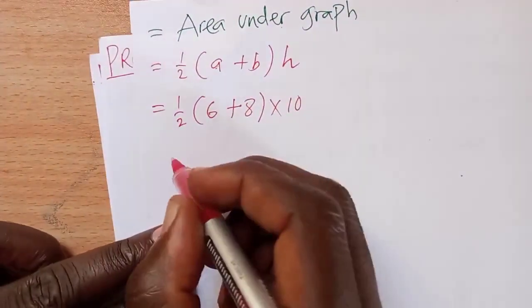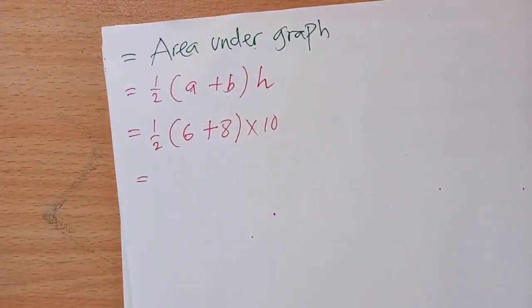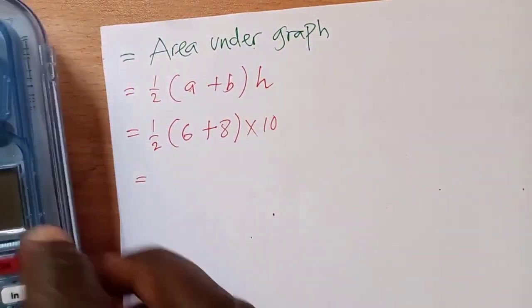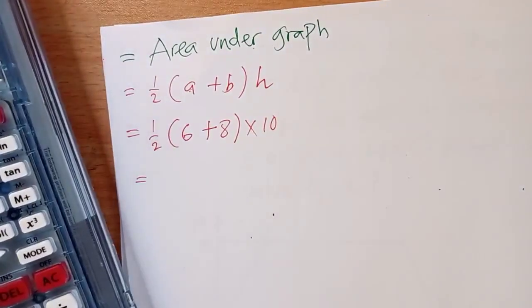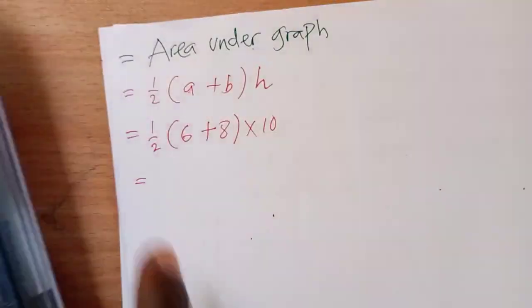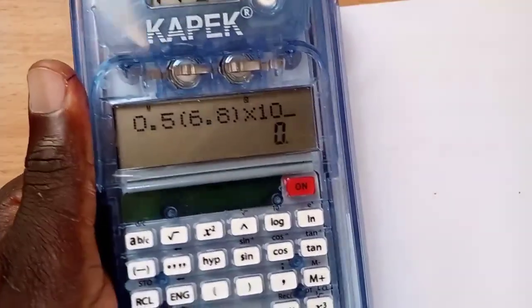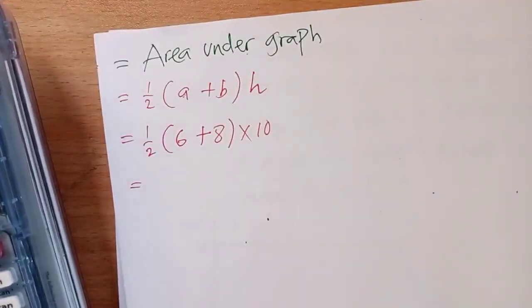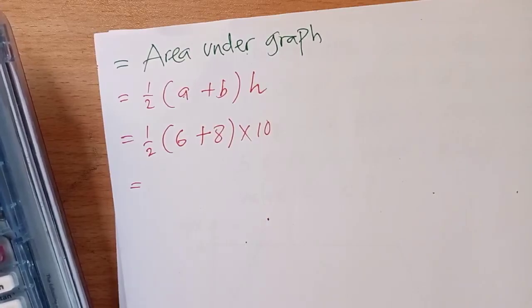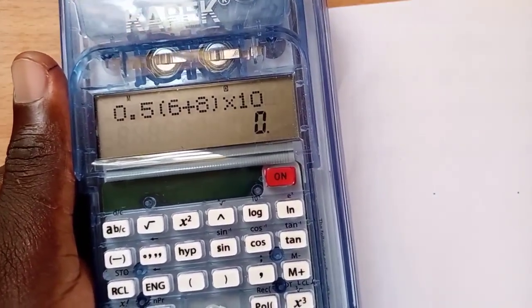So I continue and say this is equal to, at this point I will just use the calculator, since we made the right formula and right substitution. 1 over 2 is 0.5, so I press 0.5, then open bracket, 6 plus 8, close bracket, then multiply by 10.